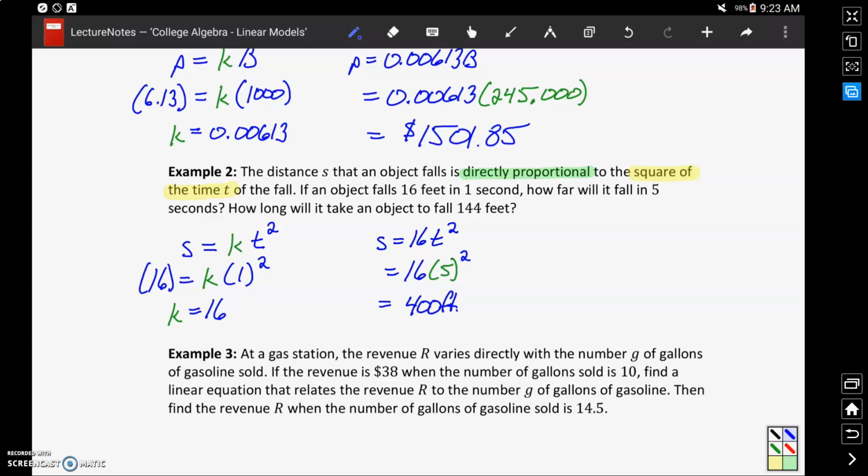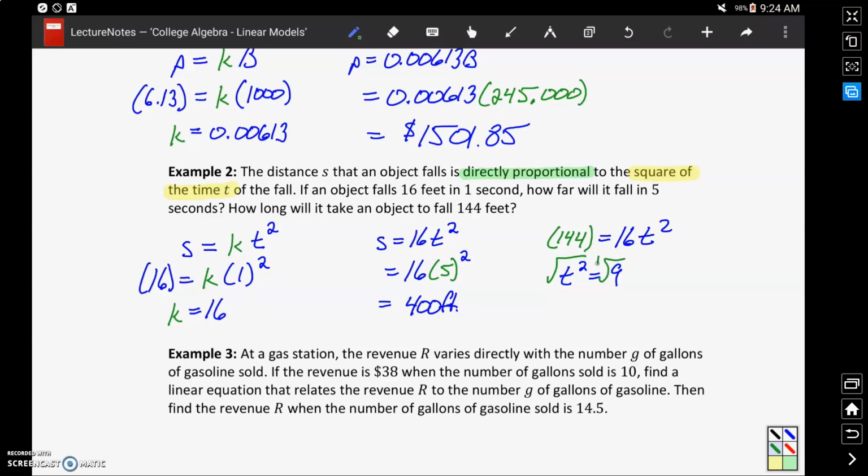And then we're also asked how long will it take an object to fall 144 feet. In this case, we can still use this same equation, but what we'll do is substitute in this value of 144 for s, and then solve for t. Dividing both sides by 16 will give us t squared is equal to 9, and then we can take the square root of both sides.